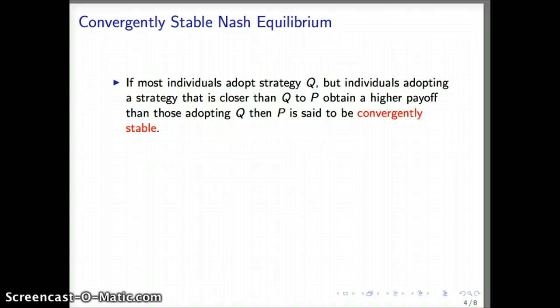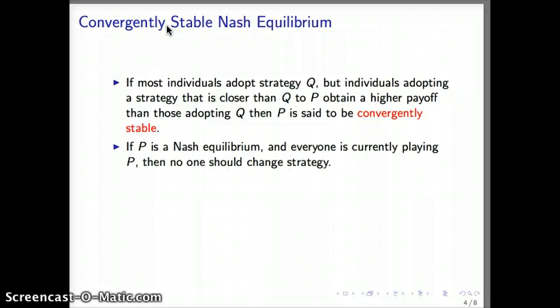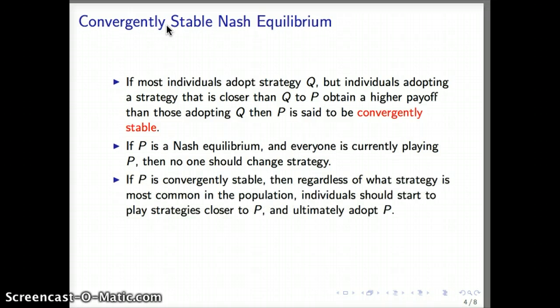Immediately, perhaps if I can persuade you, this idea of convergent stability, you should start drawing analogies, parallels with the notion of dominance. Let me see if I can persuade you even further. If P is a Nash equilibrium and everyone is currently playing P, then no one should change strategy.